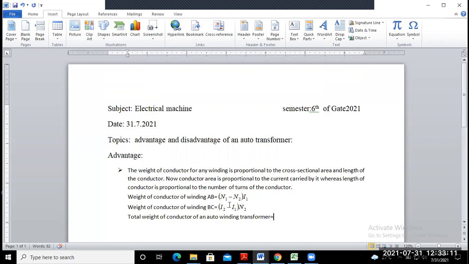Now we can write here, that means (N1 minus N2) into I1 plus (I2 minus I1) into N2.